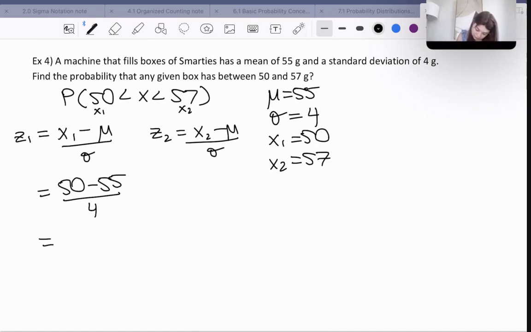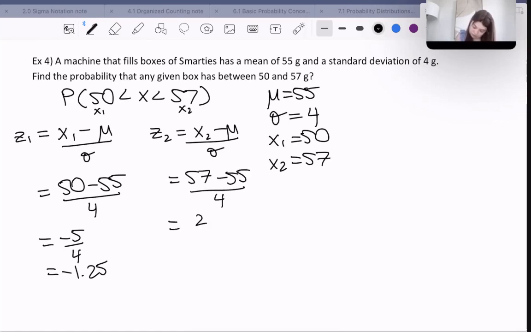So that's going to be negative 5 over 4, which is equal to negative 1.25. And then over here we have x2, which is 57, minus 55 over 4, which is 2 over 4, which is 0.5.